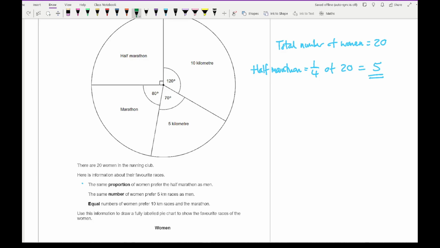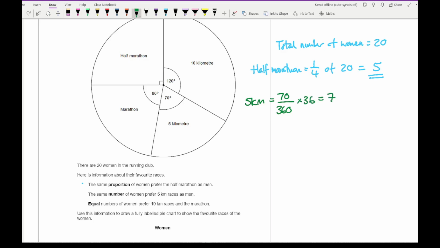Then if I look at the next type of race, let's look at the 5k. Now here it says that the same number of women prefer the 5k as men. So what I need to do is work out how many men like the 5k. So here it's going to be 70 degrees divided by 360, and if I multiply that by the total number of men, which was 36, I then get an answer of 7.